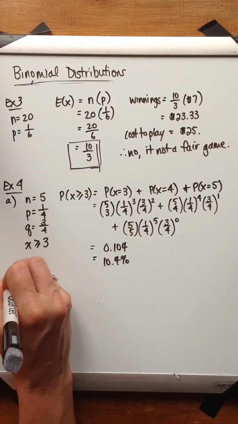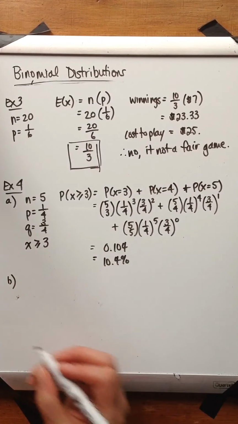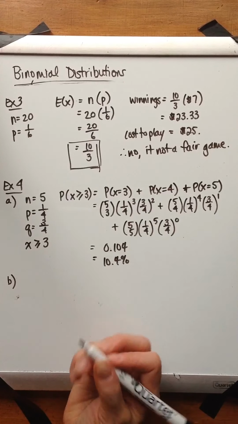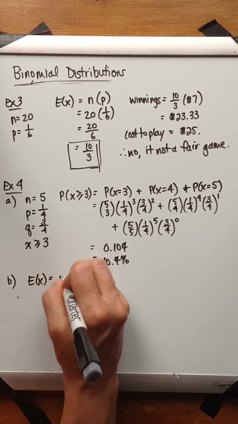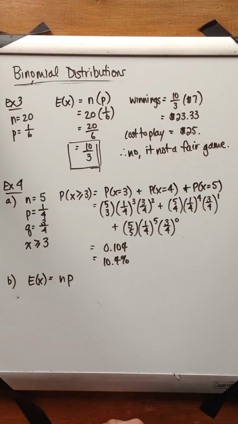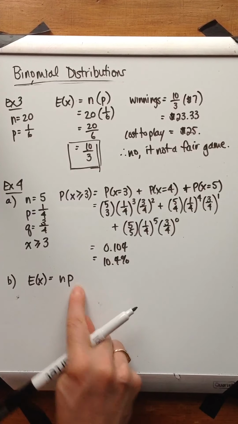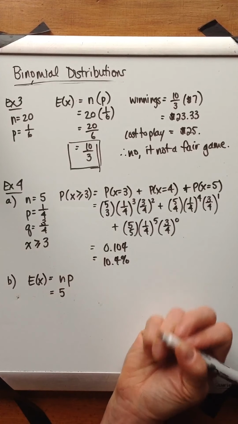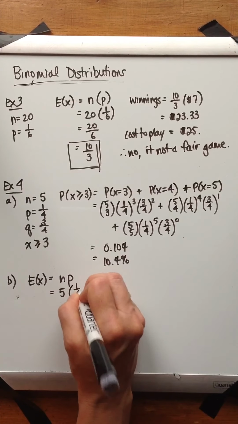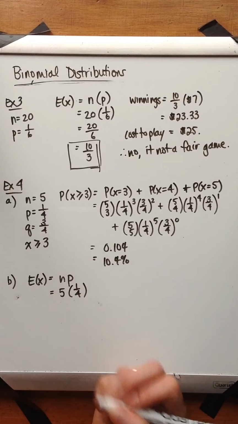All right. How many questions do you expect to get right if you go in and you're just randomly guessing? Let's calculate the expected value. The expected value for this scenario is equal to the number of trials times the probability of success. There are 5 questions. Each one of them has a probability of success of 1/4.